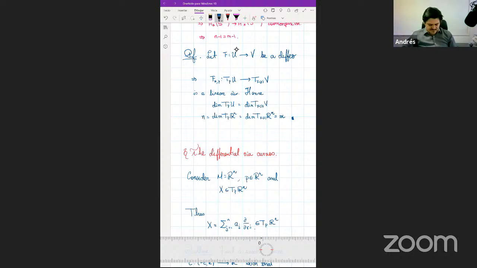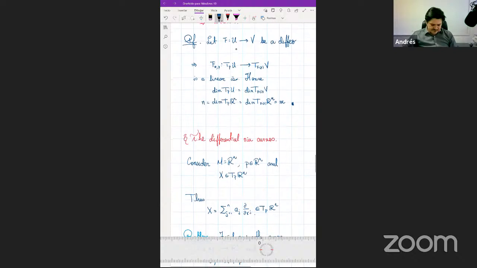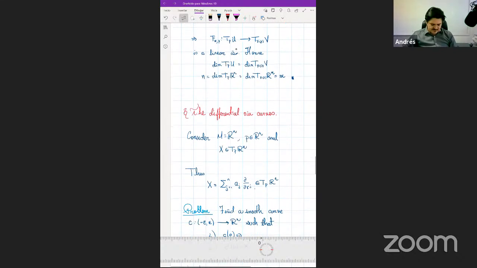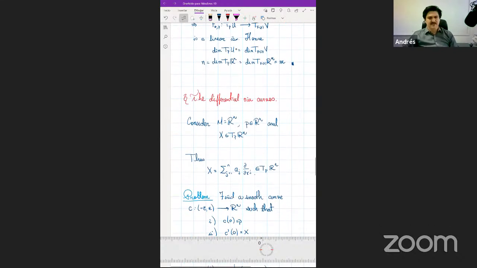Okay, now so this is Euclidean space, and that's why I can propose to you this problem. Can you find a curve such that at 0 it equals the base point P and the derivative is X?